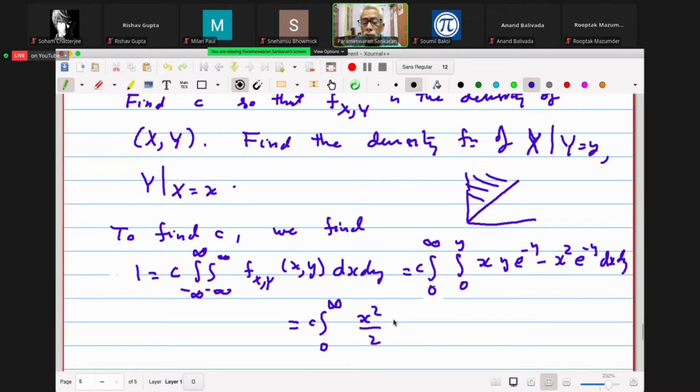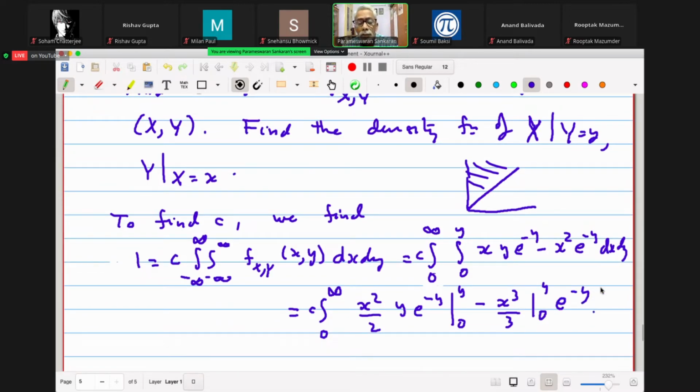But I need to keep track of the factors: y e^(−y), between the limits 0 to y, minus x cubed by 3 between the limits 0 to y. I left out that e^(−y) factor, so let me write it here like this, and dy finally.